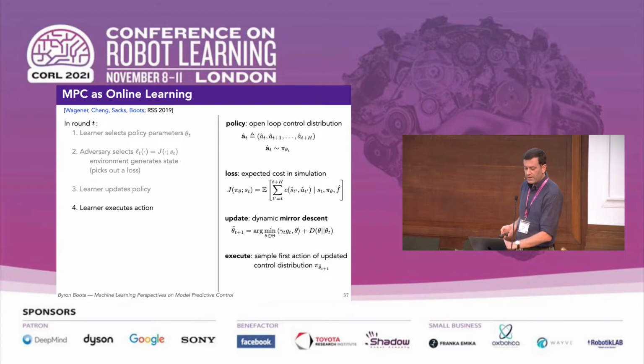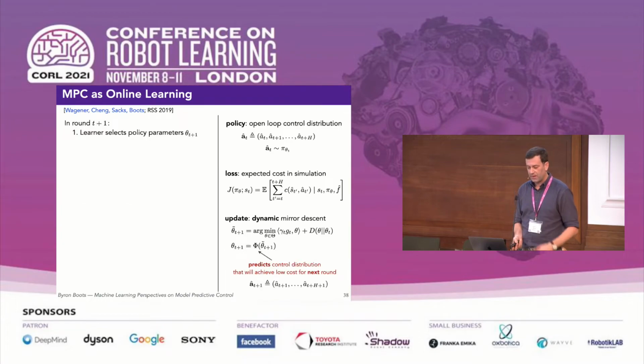We then execute the first action like we normally do for MPC. And then the second step of dynamic mirror descent is the dynamic part, which uses a predictive model to shift our distribution forward from time step t to time step t plus 1. So this is almost akin to something like a state space model in a Kalman filter.